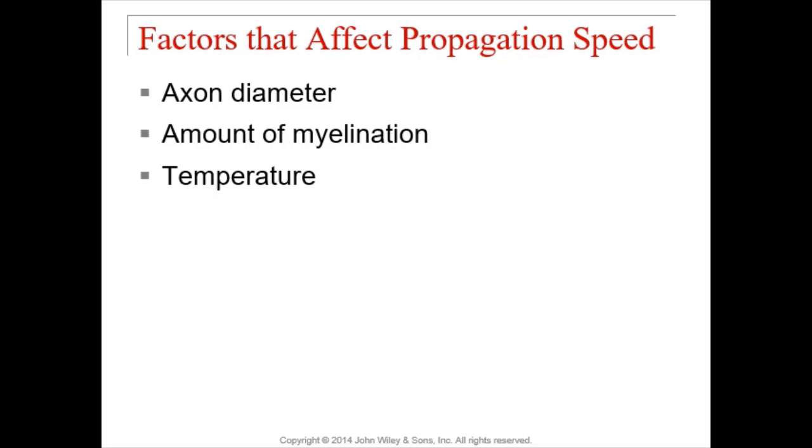That's simple. And then the last thing is the axon diameter. How big is the axon? It's this simple. A big diameter will go faster, and a small diameter will go slower. Again, kind of imagine driving. Which type of road would you go faster on, a 2-lane road or a 6-lane highway?